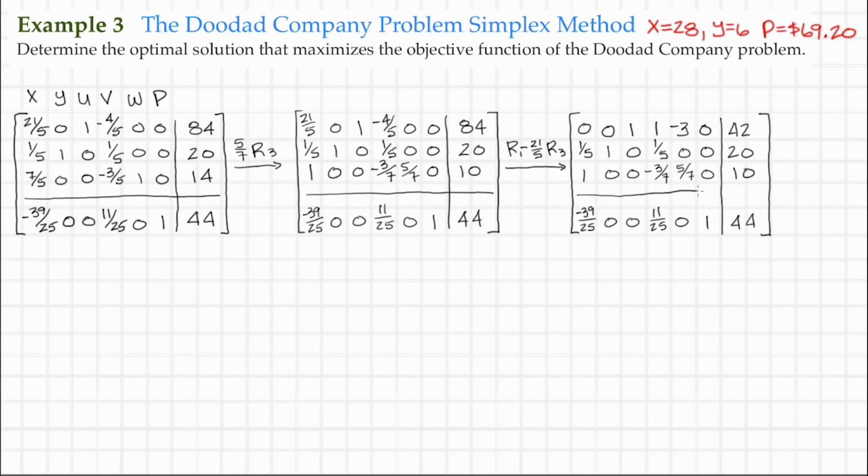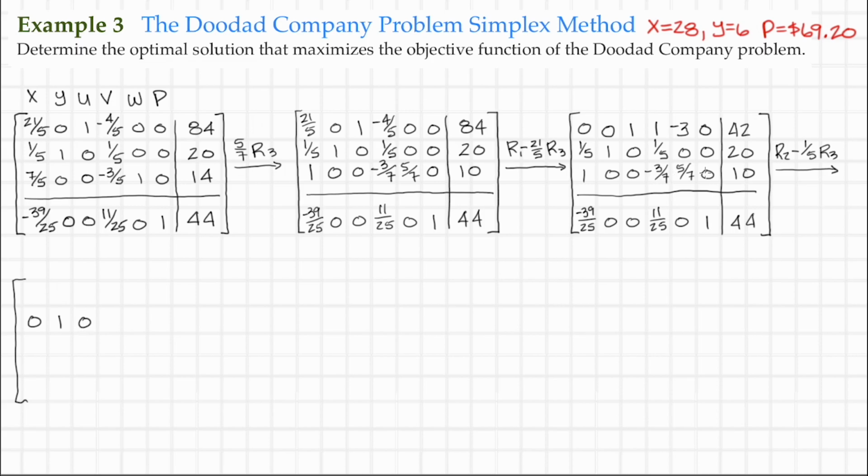Now we put in our horizontal bar. So we can now target this element here. So we'll take row 2 minus 1/5 of row 3. So we'll continue over here. 1 times 1/5 is 1/5. 1/5 minus 1/5, that's 0. Again, that's the whole idea. 0, 1/5. This winds up being 1. 0, 0, and 0.